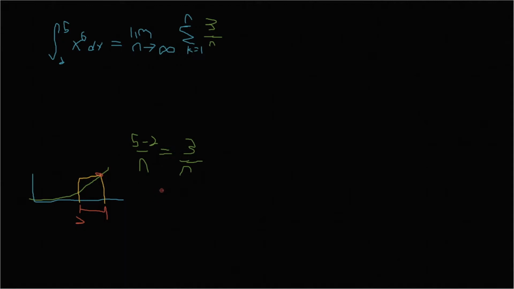So if x to the 6 is f of x, right? So we'd say f of 2 plus what? This length, right? So we're going to say, what is the length? We figured that out. That is 3 over n.